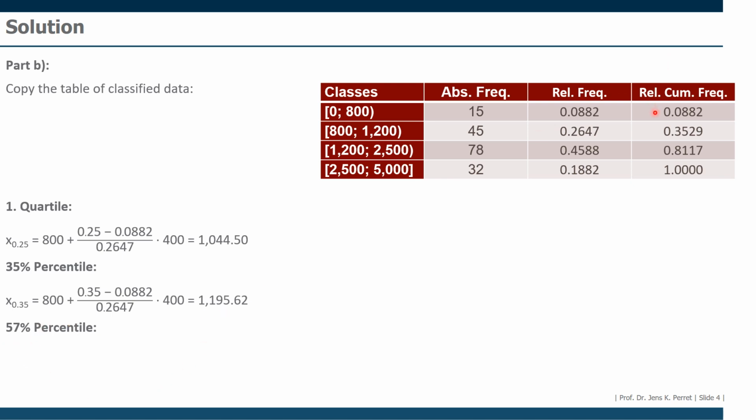Leaving us with only one percentile to calculate, that's the 57% percentile. Then we're going to check again the relatively accumulated frequencies. This one's smaller, that one's smaller, that's actually larger. So we're going to work with the third class in this case.